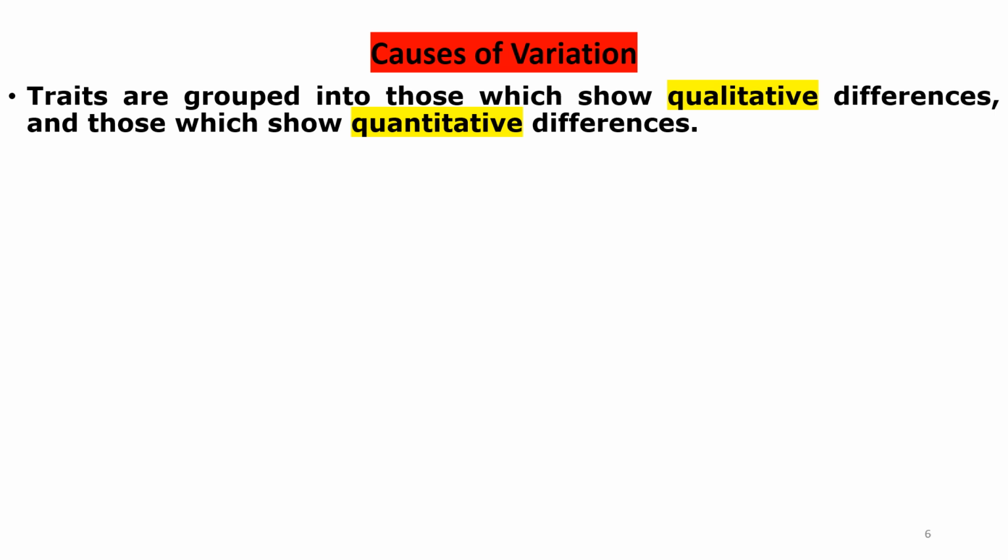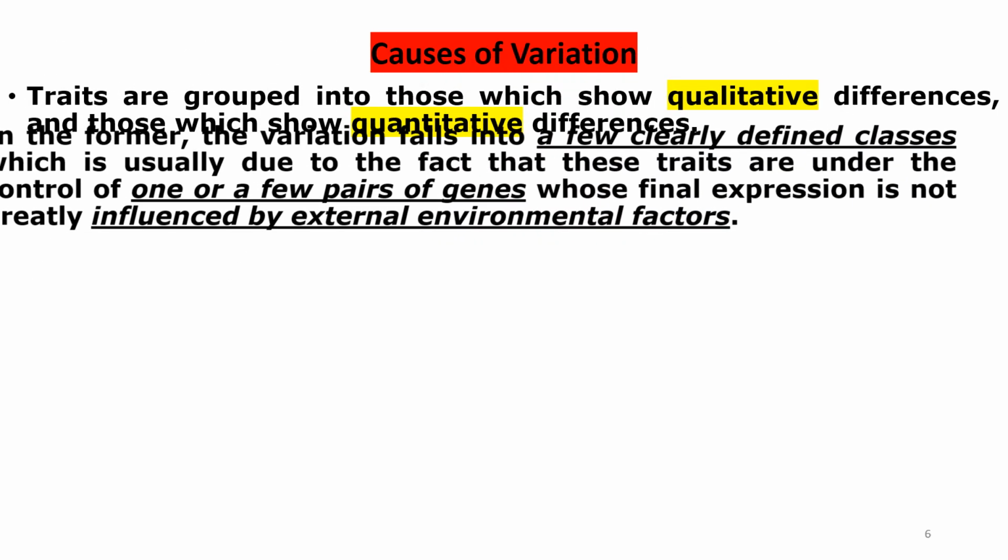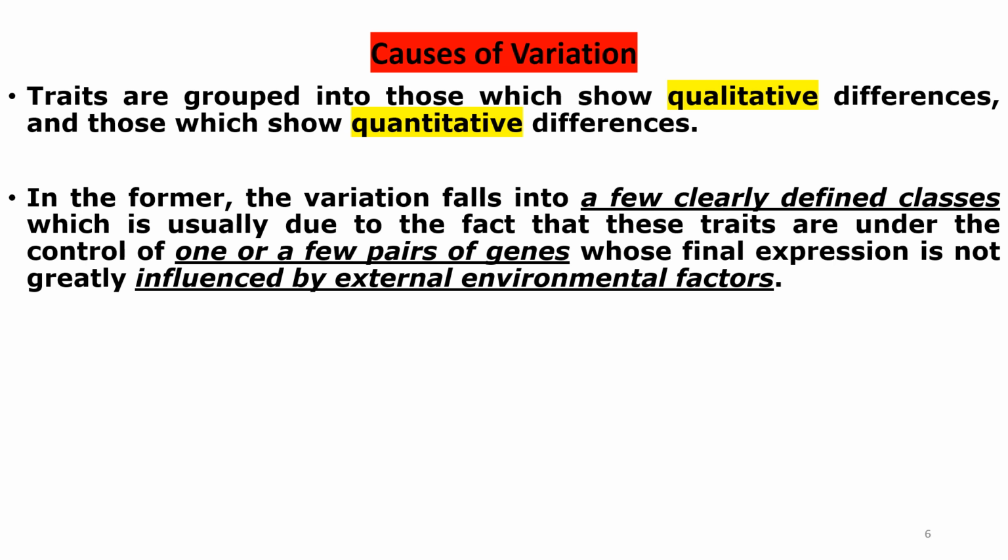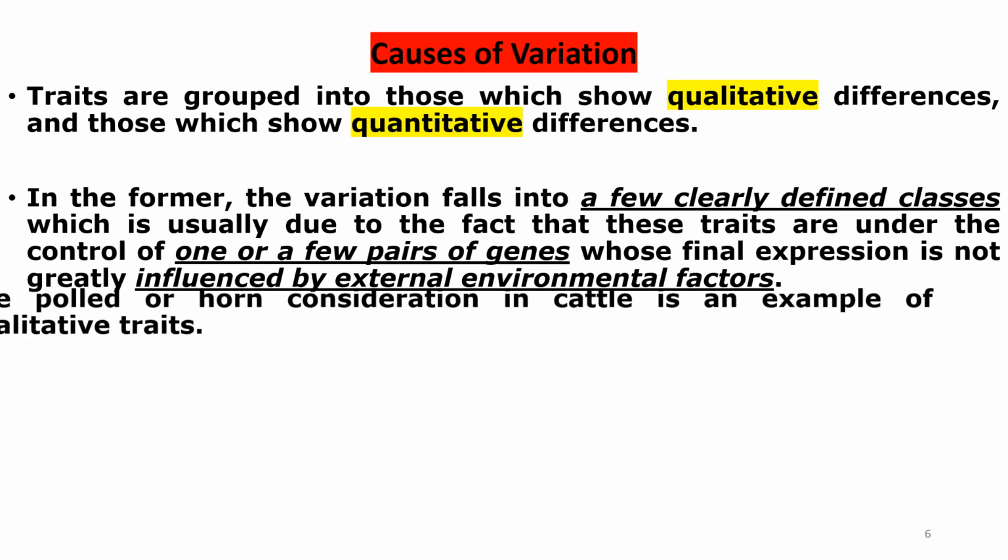So what are the causes of variation in animals? All the traits in animals are classified to be either qualitative or quantitative. A qualitative trait falls into few clearly defined classes, and this is because they are usually influenced by one or very few pairs of genes, and how they are expressed may not necessarily be greatly influenced by external environmental factors.